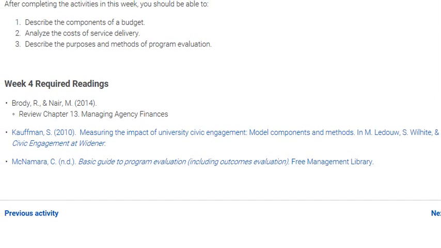Another is the Kaufman reading, which is a chapter called Measuring the Impact of University Civic Engagement, Model Components and Methods. The interesting thing about this article is it really speaks to the need to develop your program evaluation before you begin your program.